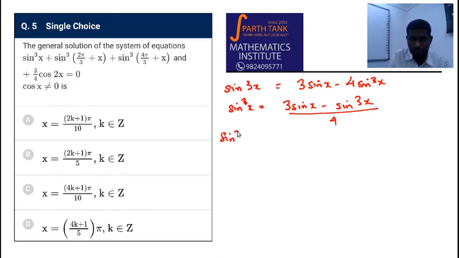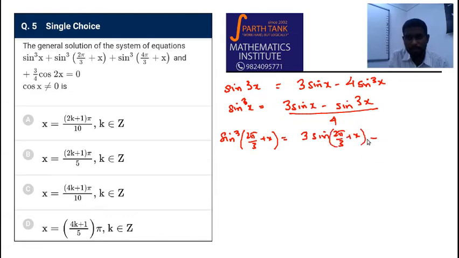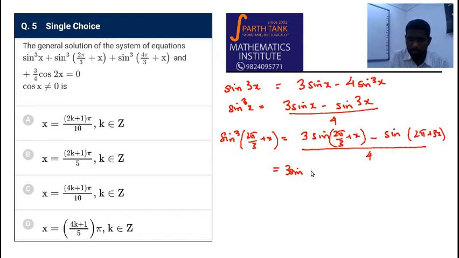This can be used to write sine cube of 2 pi by 3 plus x as nothing but 3 sine of 2 pi by 3 plus x minus sine 3x, where sine 3x is sine of 3 times this angle, so it becomes 2 pi plus 3x, upon 4. Now what is 2 pi plus 3x? Now 3 sine 2 pi by 3 plus x, let me write it as x plus 2 pi by 3.